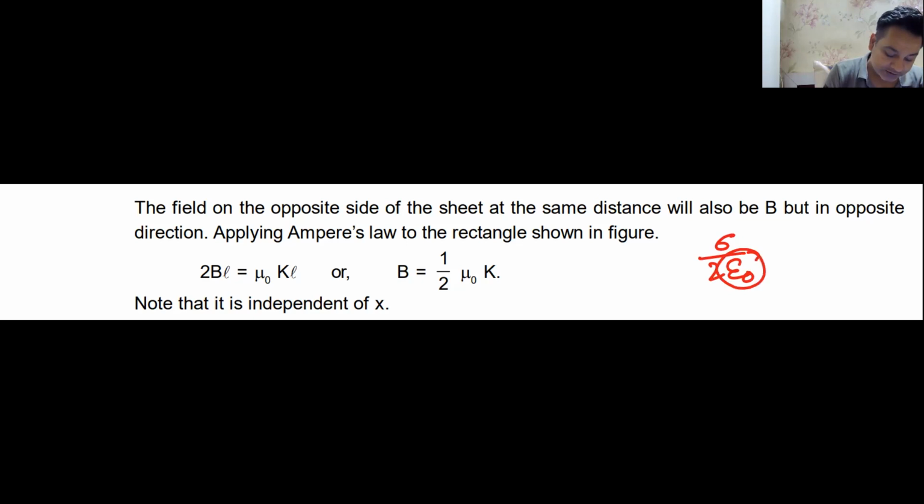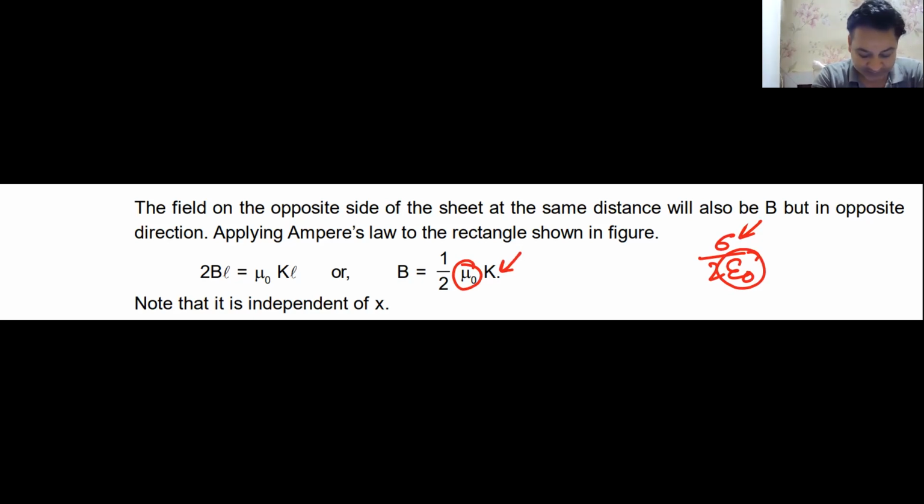Remember, epsilon naught in the denominator means mu naught in the numerator. Here it was charge per unit area; here it is current per unit length. So remember these results.